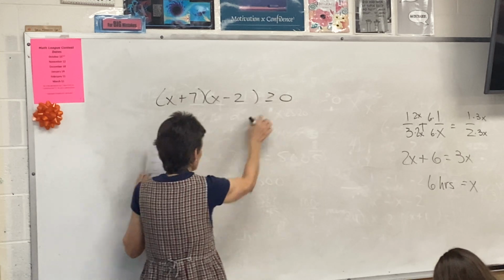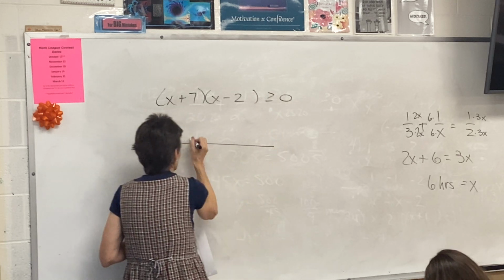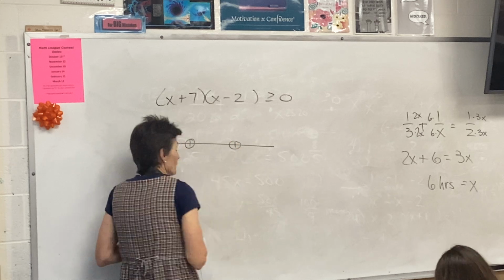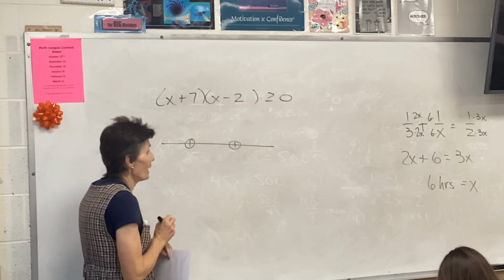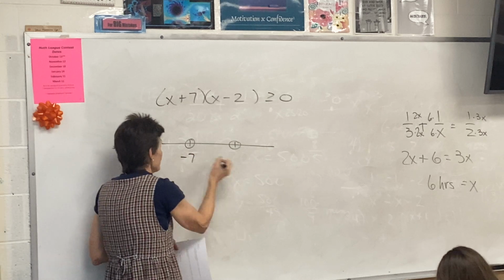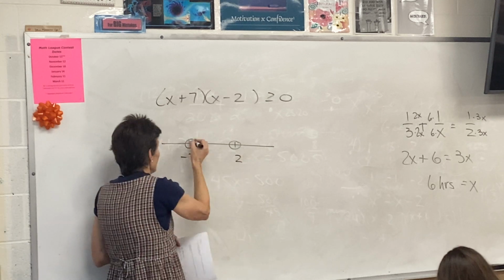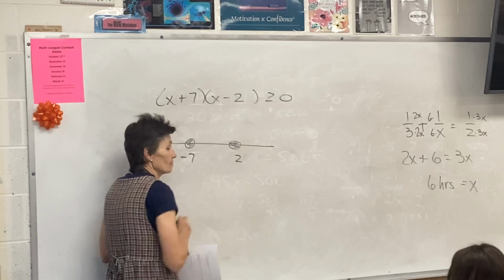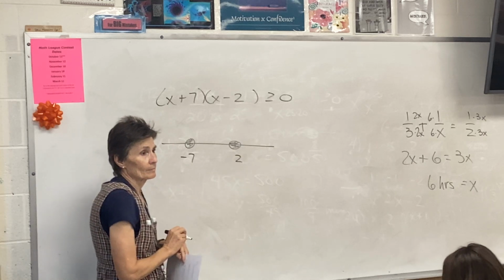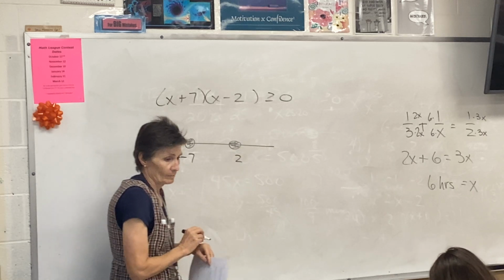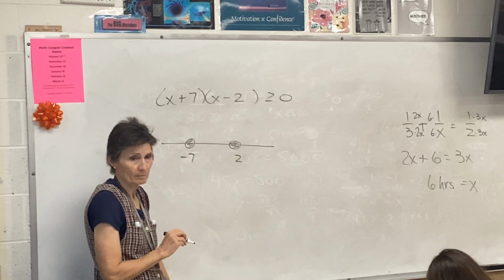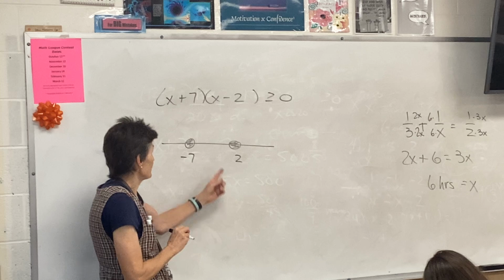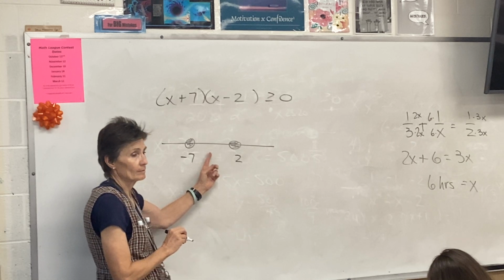That tells me I need a number line. And I'm going to put dots on my number line at negative 7 and 2. I'll color them in. Then I'll pick a number. I like 0. 0's in here.